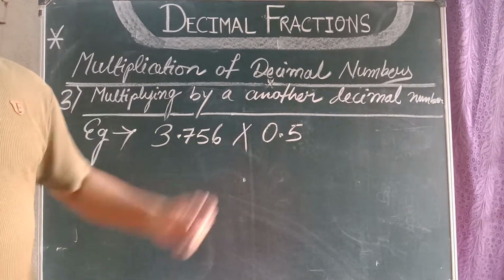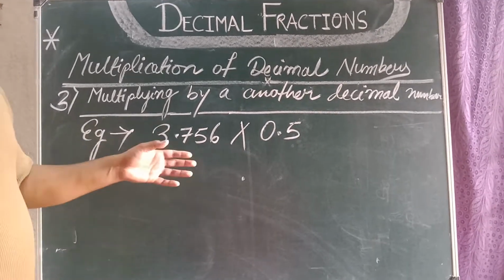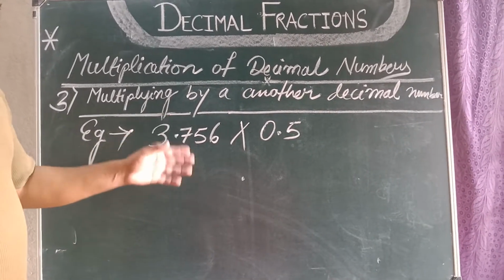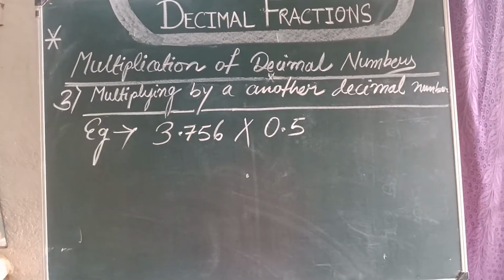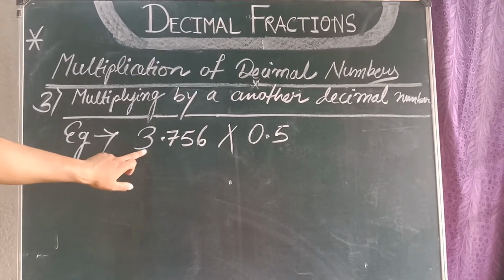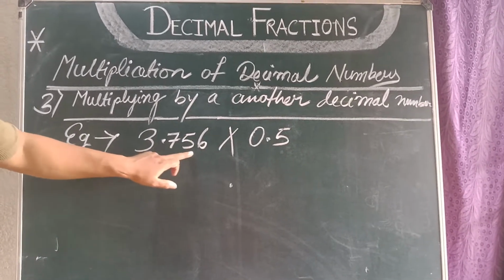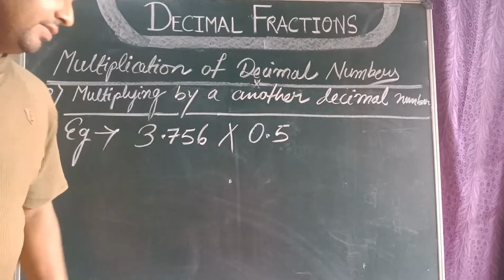Because we do not have here 10 or 100 or 1000, we have another decimal. So for example, I have taken 3.756 into 0.5.